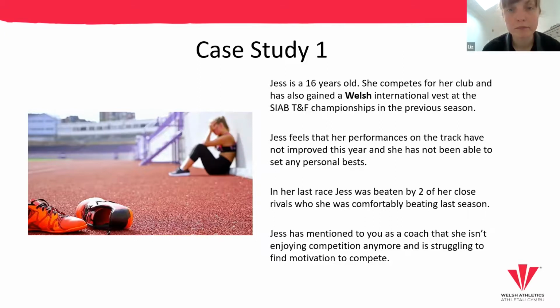Yeah, for us, we sort of said, well, it's that awkward, delicate age. There could be many other things going on outside athletics. Let's say she's got a partner, or things are happening that way. The other thing we discussed as well is, did she give everything, all in, to get her Welsh Festival? And then this season, she could be exhausted. She might have given everything.